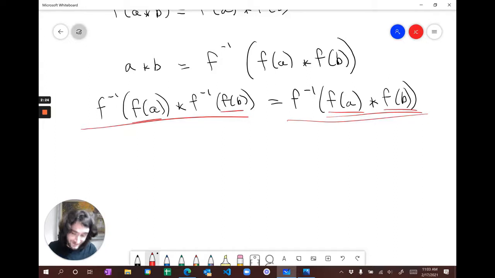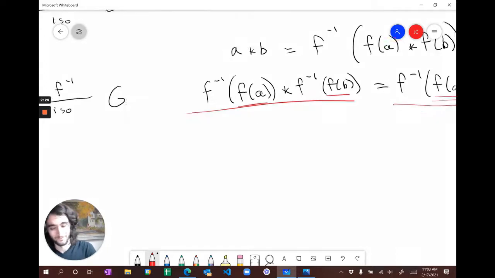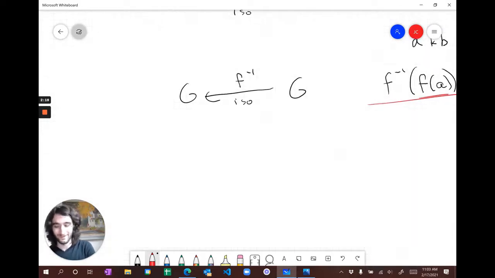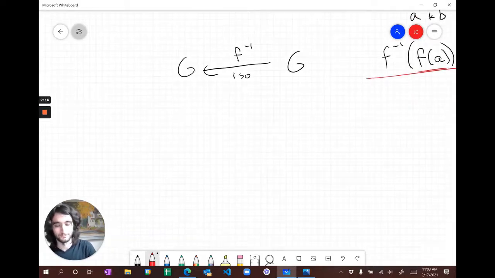So ultimately this is just showing that the inverse function respects the operation. So there you go. So f inverse is an isomorphism of G.